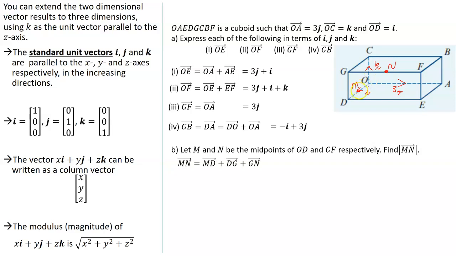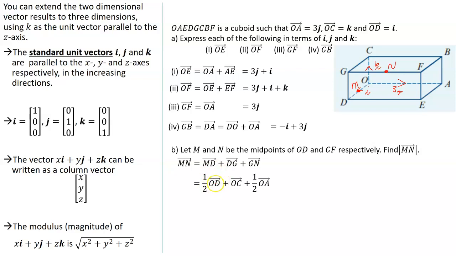So to get from M to N, I can go M to D, D to G, G to N. M to D is half OD. DG I've already spoken about before. GN is half of GF. GF is equal to OA. So I can rewrite like this.